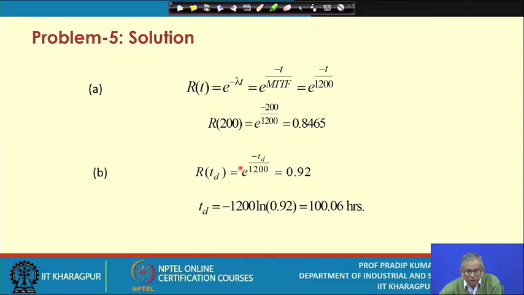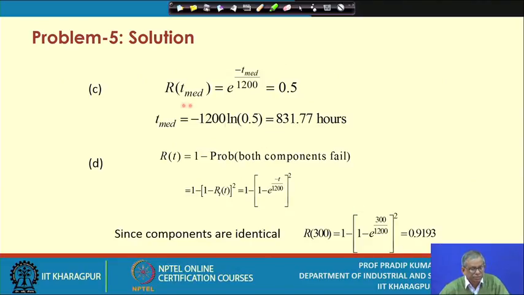Now this is the reliability for the design life TD. Again you apply this formula: e to the power minus TD divided by 1200 equals 0.92, and this is already specified. You refer to the question. So what is the value of TD? TD is 100.06 hours. Next, we use this formula for determining the median time. That means it will last for the median time.